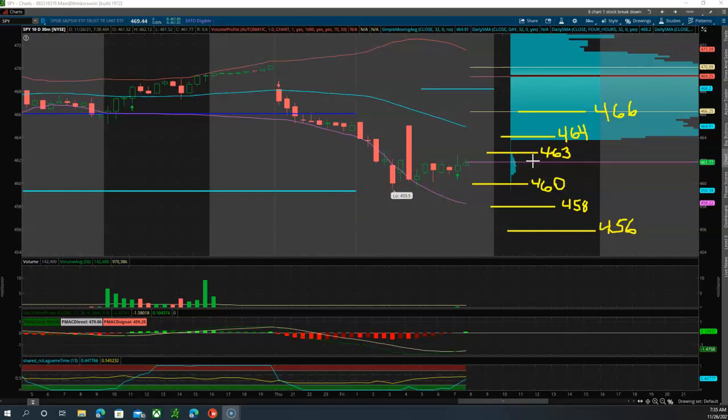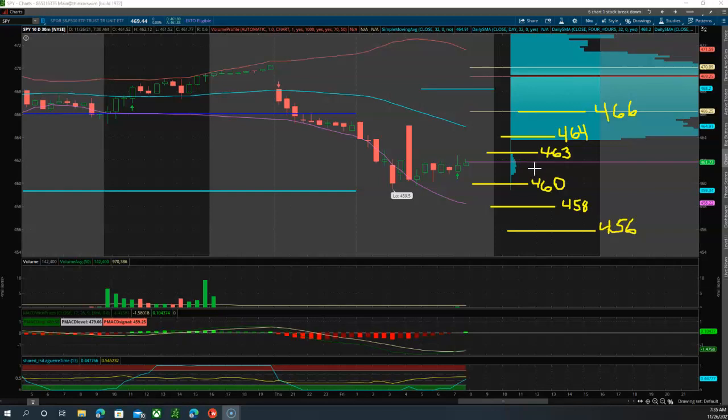Looking at how today has turned out in the pre-market, most of the damage has been done for today, meaning that I don't see a lot more selling off below the 458 or 456 area for today.